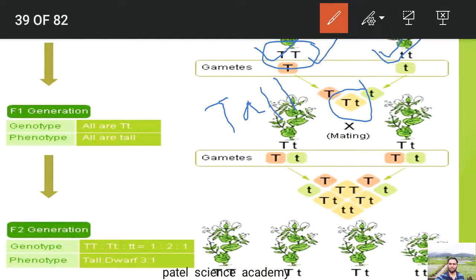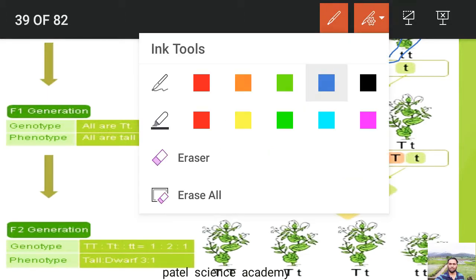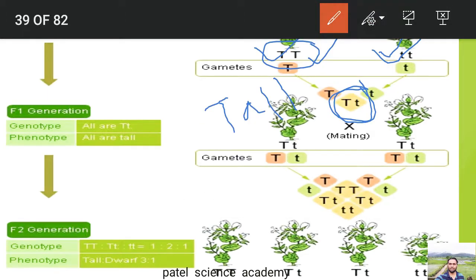So we got this result, and we have seen the next generation is tall. Tallness appears and dwarfness does not appear in this F1 generation. That's why tallness, indicated by capital T, is the dominant character, and dwarfness, indicated by small t, does not appear here.